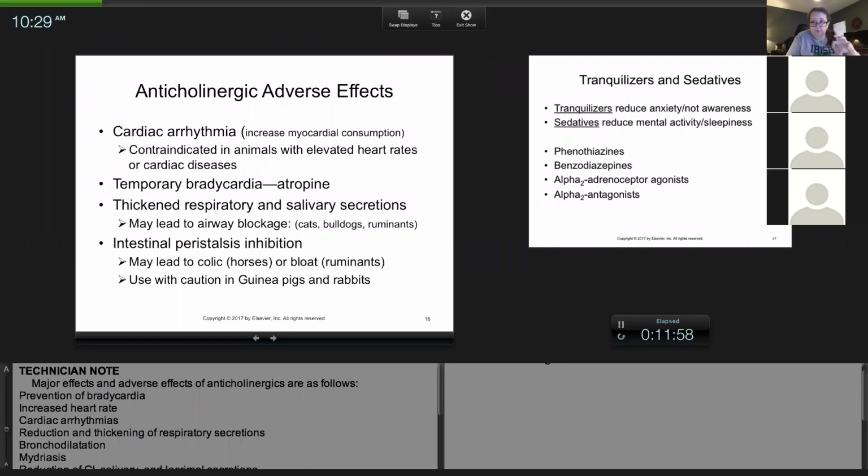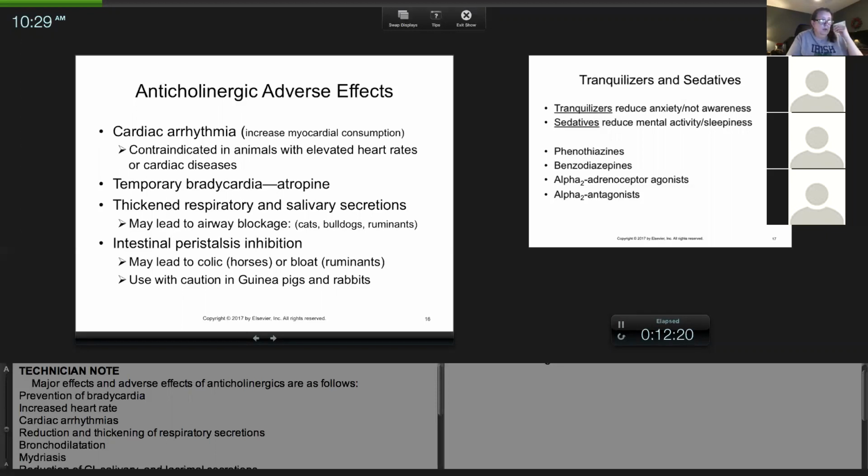I will treat bradycardia from hypothermia, increased anesthetic depth, or vagal stimulation with atropine. But if it came from Dexdomitor, we will usually let the Dexdomitor wear off and see what the heart rate does. When I get to Dexdomitor, I'll talk about that.